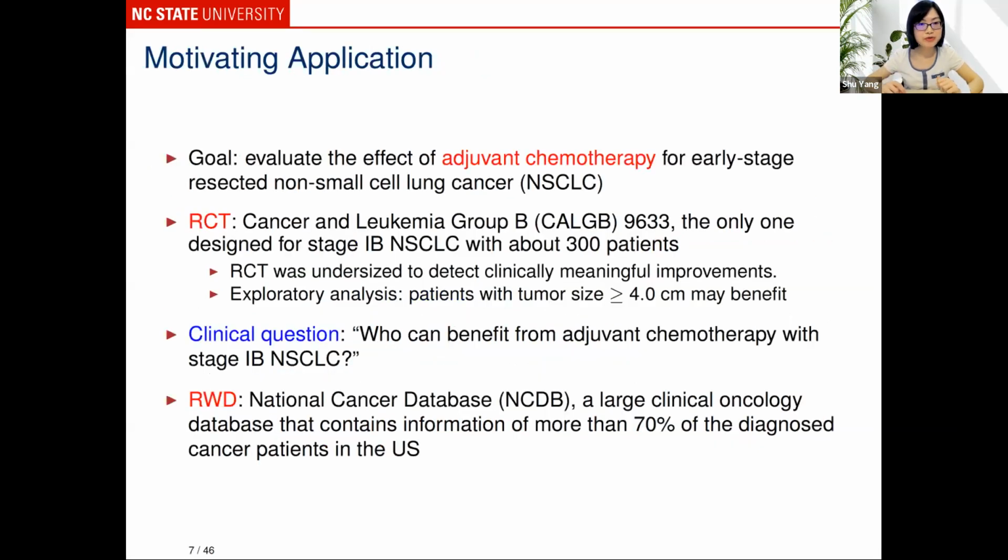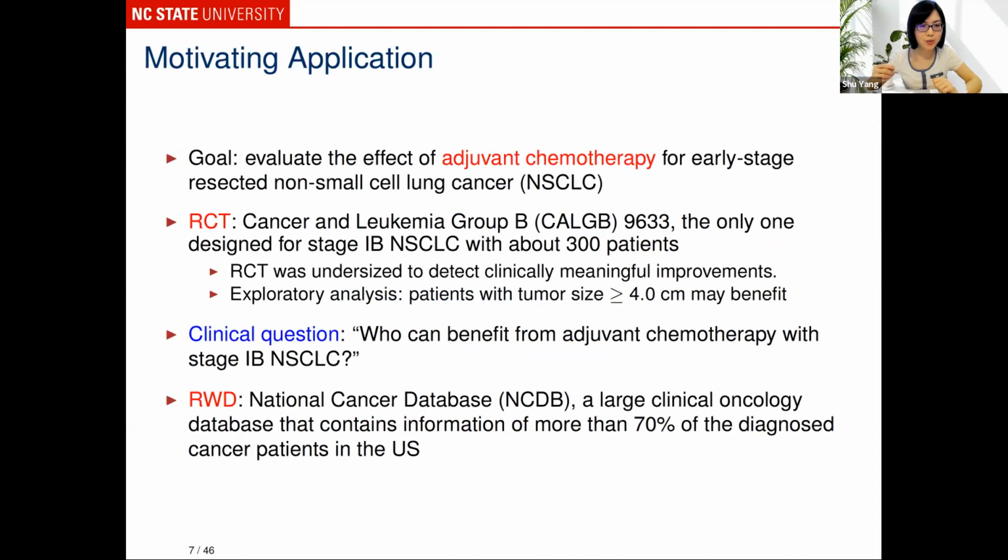Here is our motivating application. We want to evaluate the effect of adjuvant chemotherapy for early stage resected non-small cell lung cancer patients. We have an RCT data, the Cancer and Leukemia Group B, CALGB 9633. This is the only trial designed for early stage disease, and it included about 300 patients.